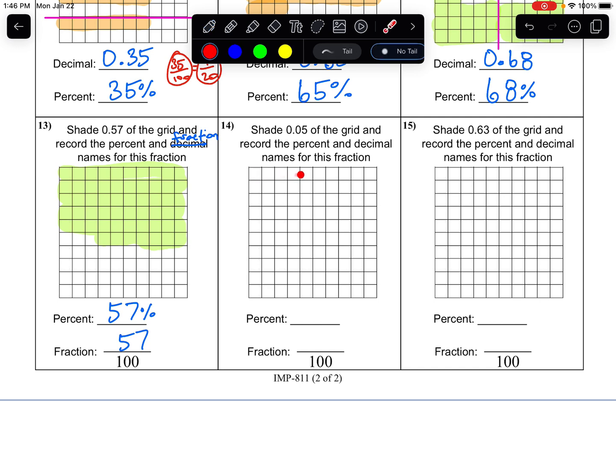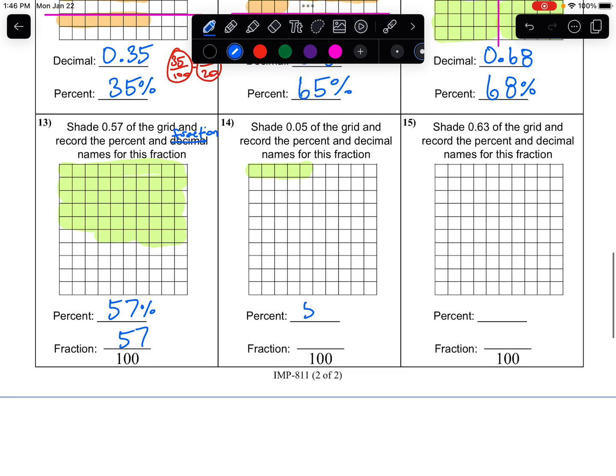Shade 0.05 of the grid, that's 5 hundredths. That's simple. 5 hundredths is 5%, and that is 5 over 100 as a fraction. And finally, 0.63, that's 63 hundredths. Let's do a different color for the fun of it.